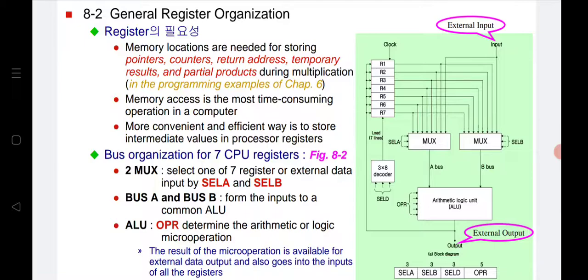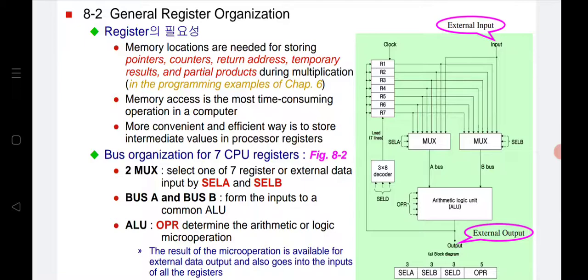What will the registers hold? They hold the data, which can be temporary or permanent, that we need in our programs. That data is available in the registers and is sent to the multiplexers.